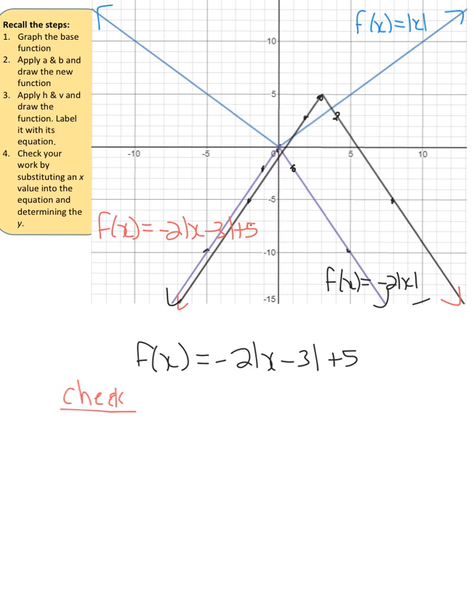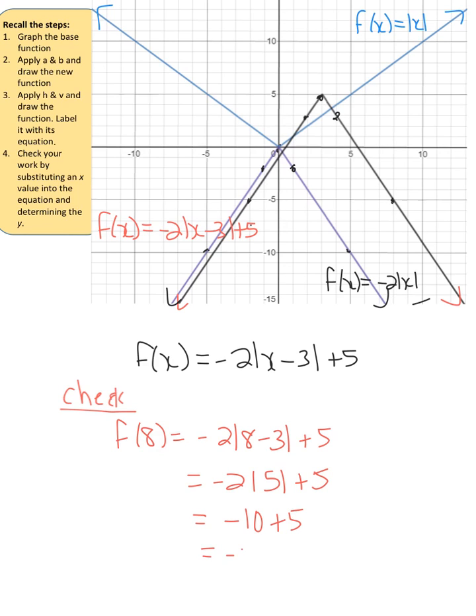So I will just check f of 8 equals -2 times the absolute value of 8 minus 3. So that gives me -2 times 5. So -10 plus 5, which is -5, which is what I should have at that point.